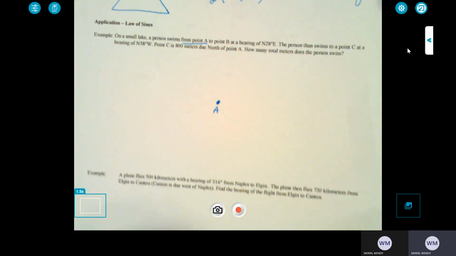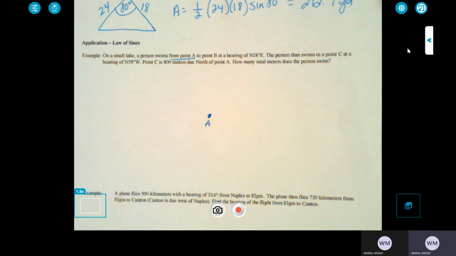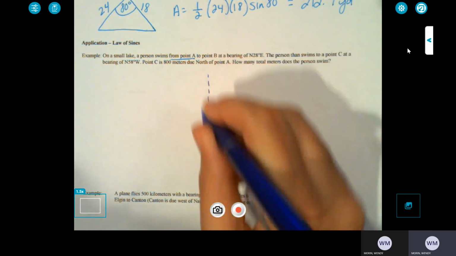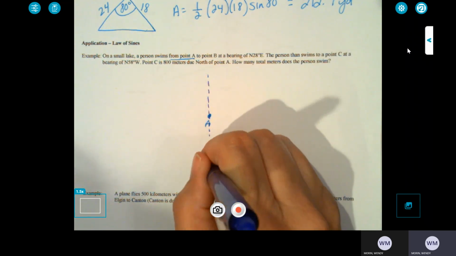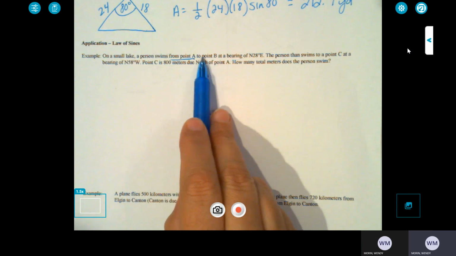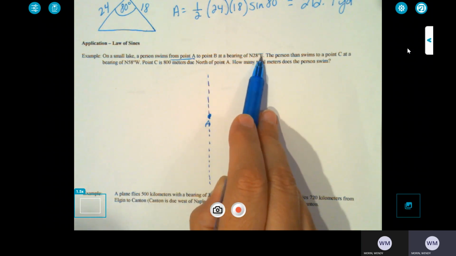When we're doing bearings, bearings are a way of navigation measurements. So what I recommend is always putting an imaginary north-south line through any point that you're traveling from. So from point A to point B on a bearing of north 28 degrees east.